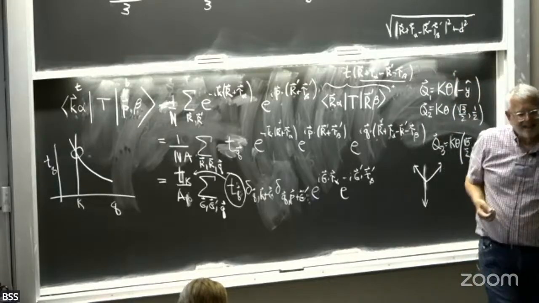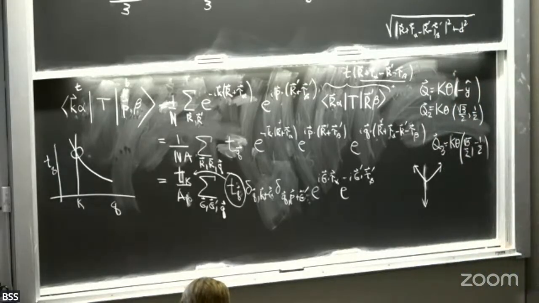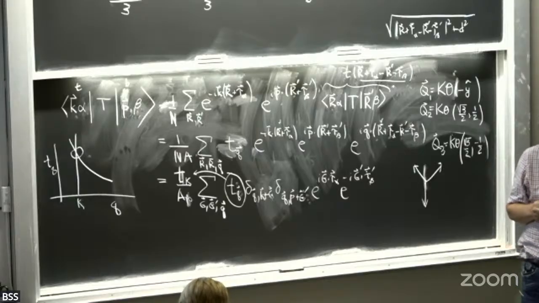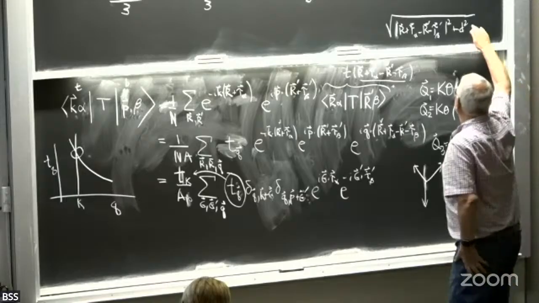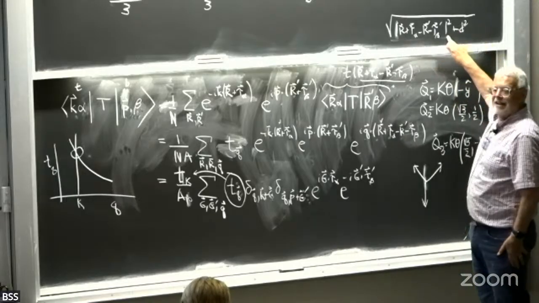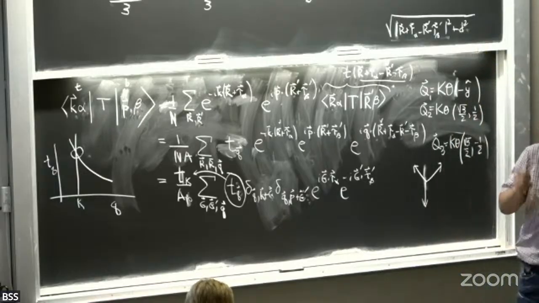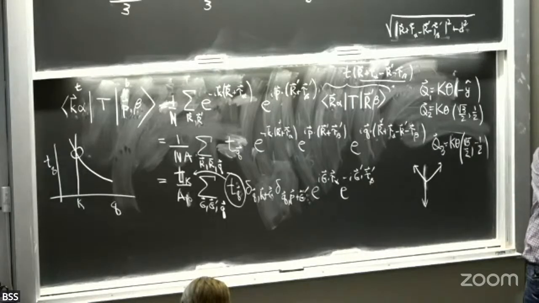The layers are much further apart than the lattice constant within a layer. Typically, in graphene, I think it's 3 times further apart. And so this function, as a function of this variable, the 2D distance squared plus d squared, rounds out anything that's sharp. So it's a smooth function, and its Fourier transform goes down rapidly. Somebody over here asked that question. Did that answer make sense? Yeah, there you are. That made sense.